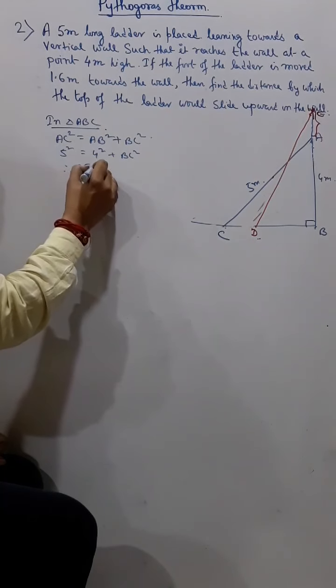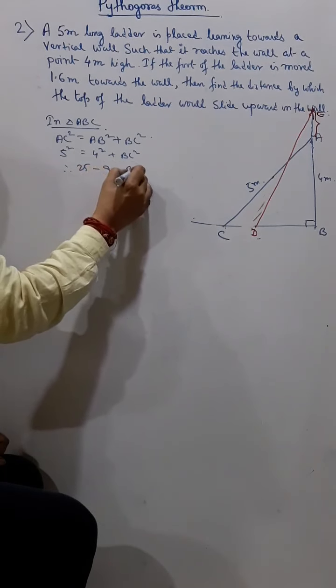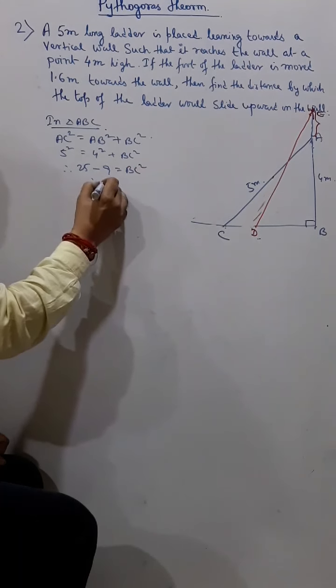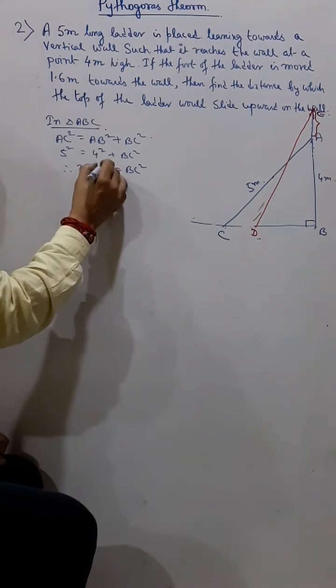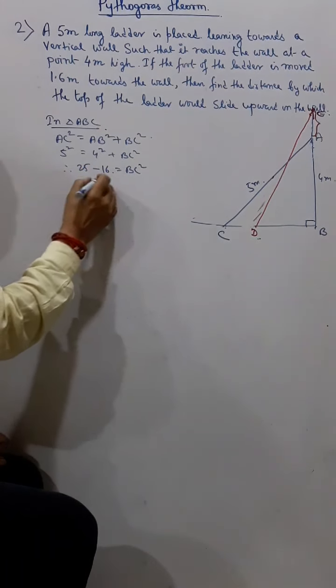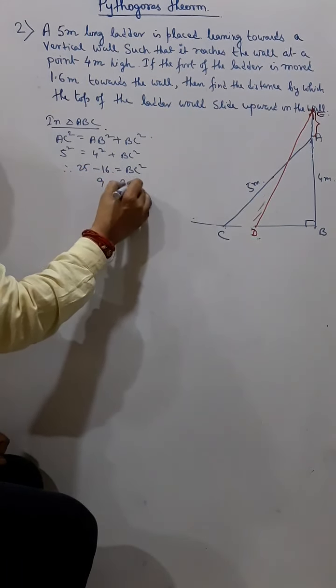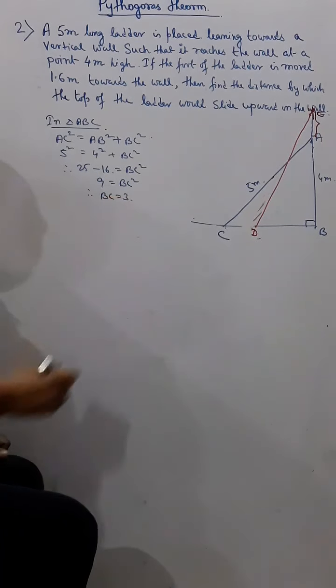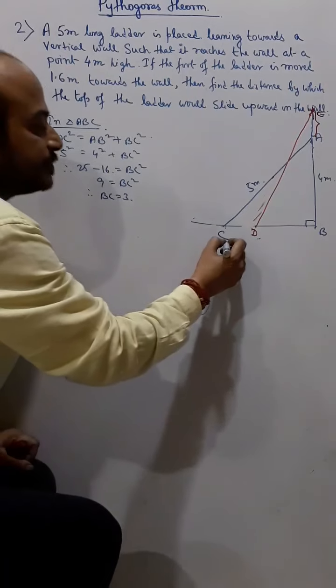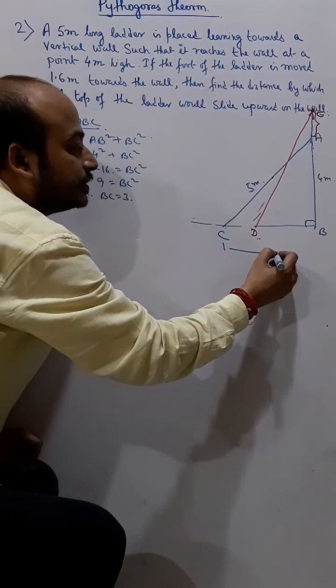So finally we get 25 minus 16, we will get 9. So we get BC square equals 9, and therefore BC is equal to 3. Okay, understand? So that means this BC is 3.